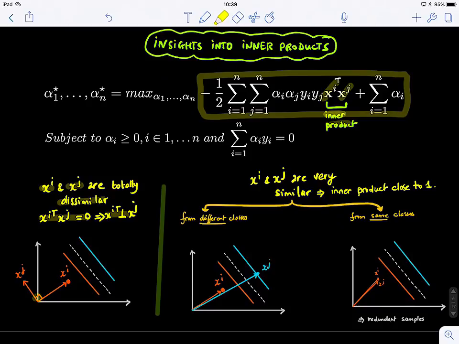In this case, will these two samples impact the maximization of the Lagrangian? Will they impact finding the maximum? They're all zeros, right? You're just adding a bunch of zeros. So all those samples that are perpendicular do not count.